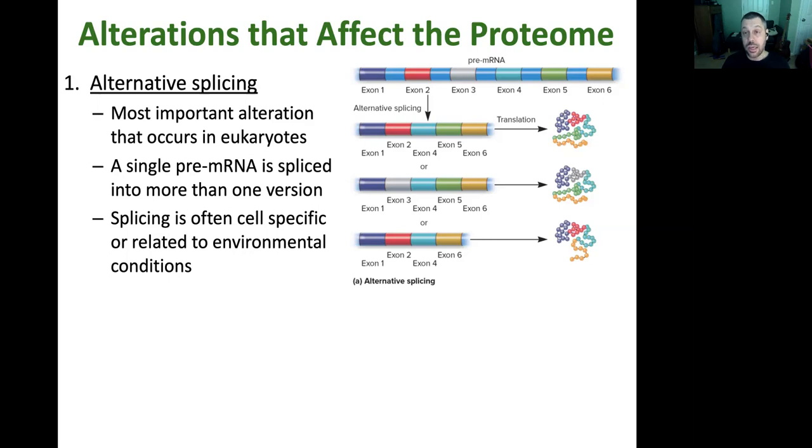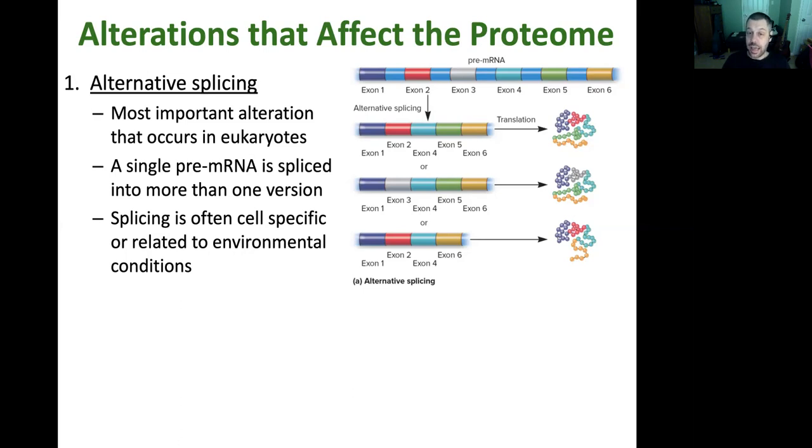So here you can see an example of that. We have a gene with 6 exons. When it's transcribed initially, the immature or pre-mRNA, shown at the top here, has blue introns and the different colored exons. And different ways of splicing can effectively get different exons together. The first alternatively spliced mRNA gives us exons 1, 2, 4, 5, and 6, but not exon 3.